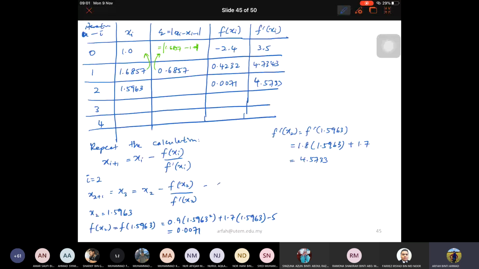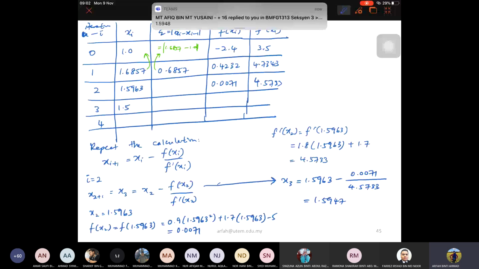X3 akan sama dengan X2, 1.5963 tolak dengan 0.0071 bahagi 4.5733. So dapat berapa? 1.5947. Okay, betul. 1.5947. So this is your third X. 1.5947 or 48. Baik lelaki. Okay. So betul jawapan tu.